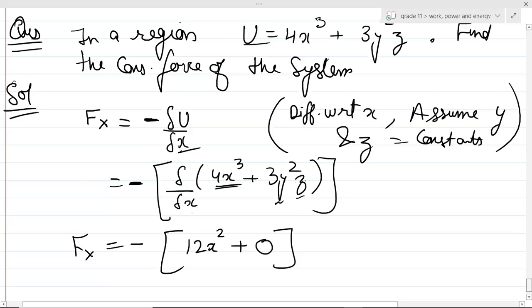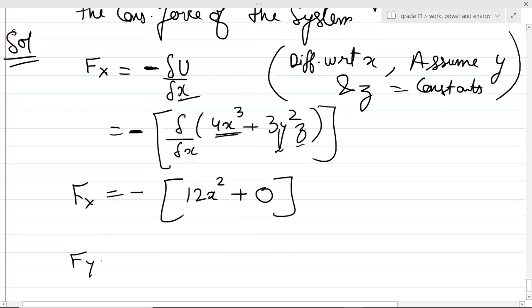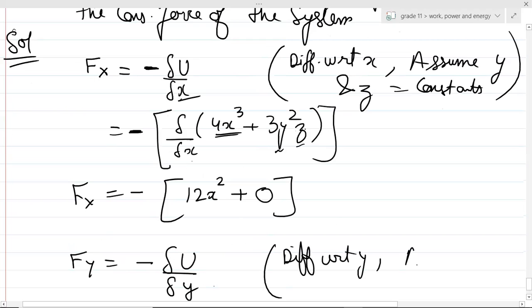After this x component, similarly we'll do the y component. But in case of y component, we'll differentiate it with respect to y. So now differentiate with respect to y and assume x and z as constant.